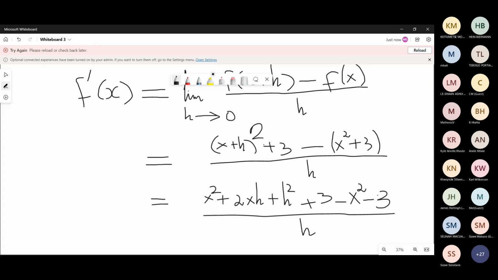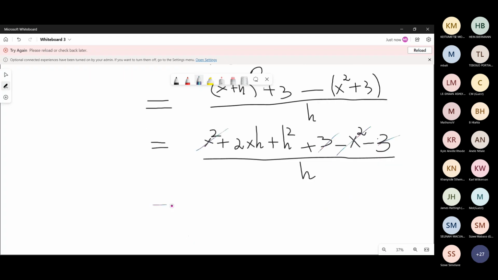Now I can say that we can simplify this x squared here and minus x squared, right? You see that? 3 minus 3. What will remain? We remain with 2xh plus h squared, divided by h.